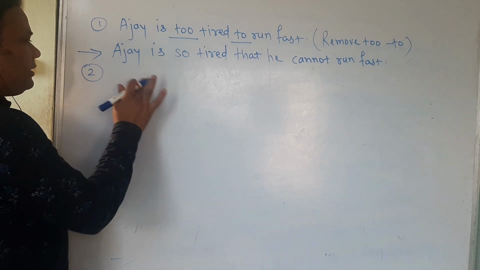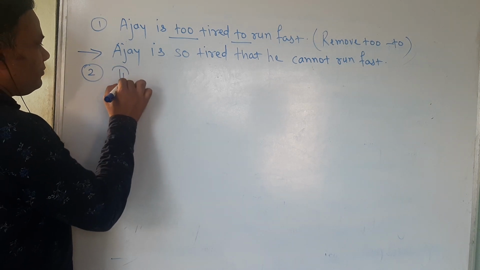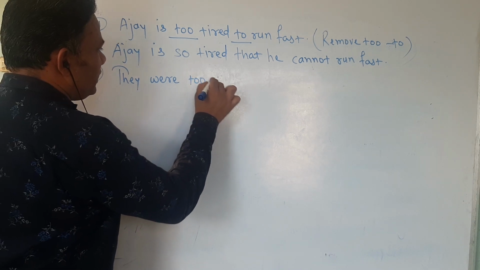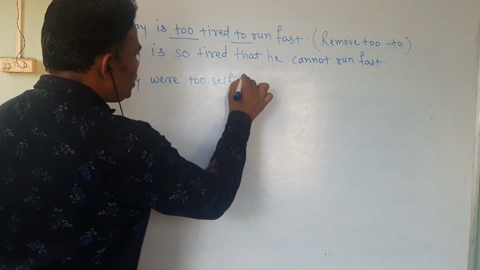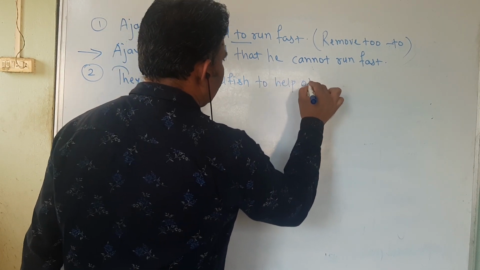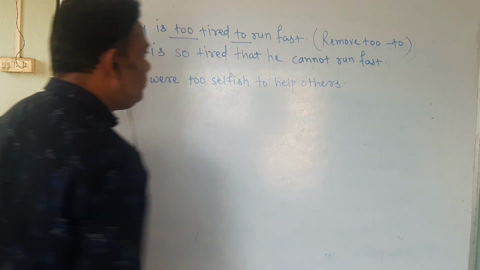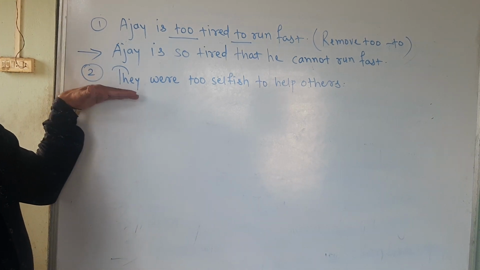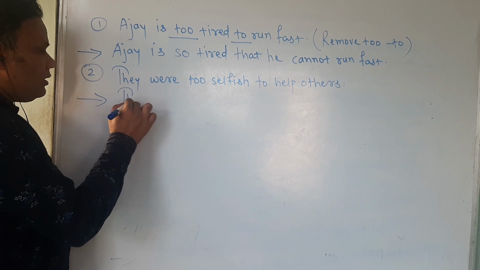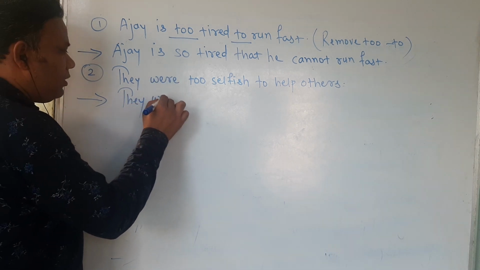See one more sentence. They were too selfish to help others. So answer we have to start from the subject itself. What is the subject? They were.